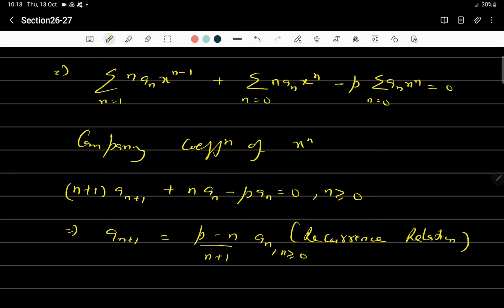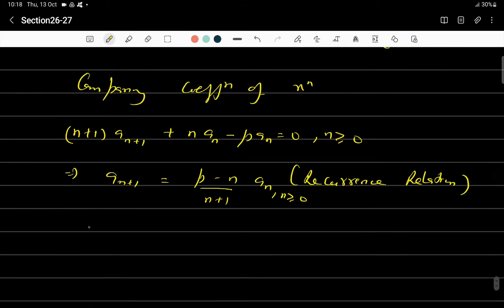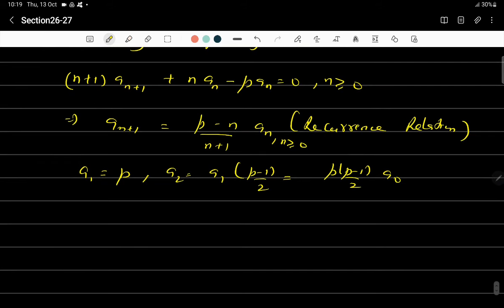Now the same thing works. I have to substitute the values. So if I substitute the values, then a1 comes out to be p minus 0, a2 is a1 (p minus 1) by 2, which is p(p minus 1) by 2 a naught. Similarly, a3 would come out to be, and so on.